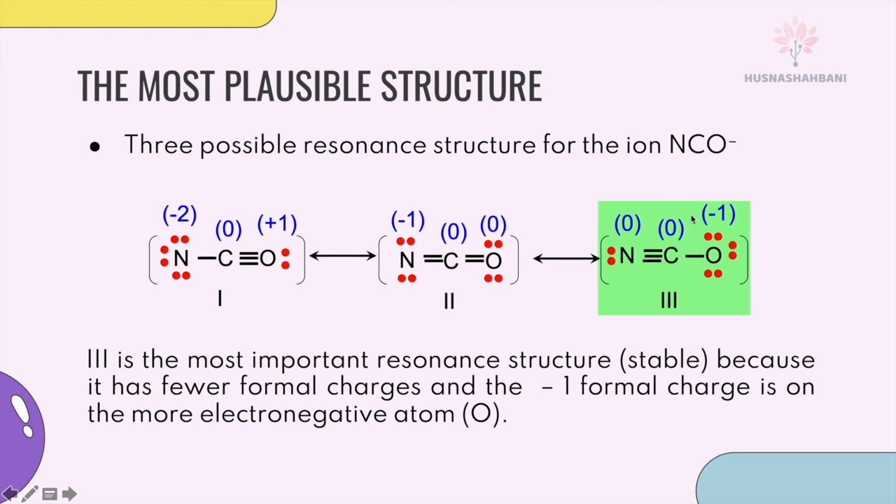So structure 3 is the most important resonance structure, or the most plausible structure, because it has fewer formal charges, meaning the formal charge is closest to 0. That's the first reason why you cancel out structure number 1. And the negative formal charge is on the more electronegative atom, which is the oxygen atom.